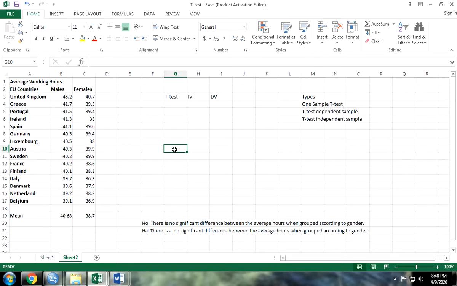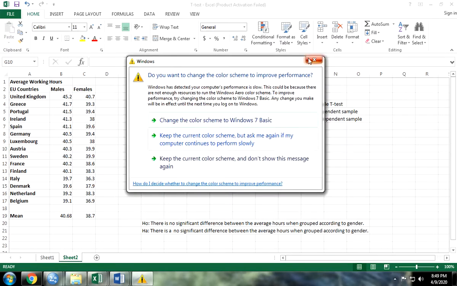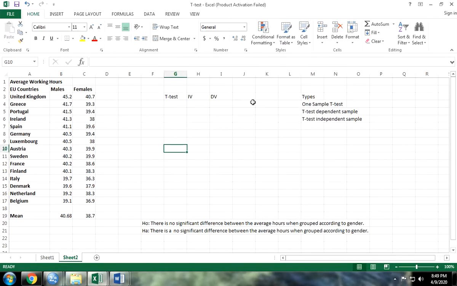Remember, we must recognize the fact that we could not gather the data from the whole population. Kaya kumukuha lang tayo ng sample and therefore make generalizations. So, yun yung function natin sa inferential statistics.